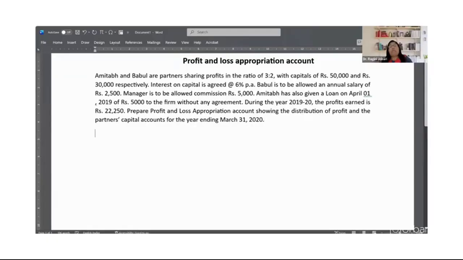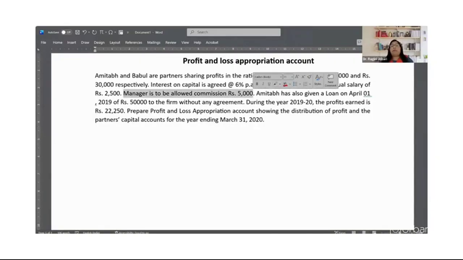So let us start making this. First of all, let us understand one thing in this question. This is a loan of 50,000. There is a point called manager's commission.